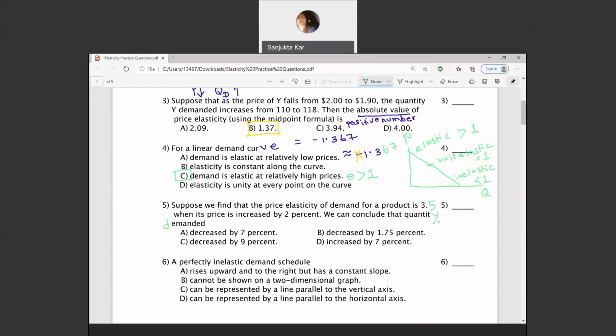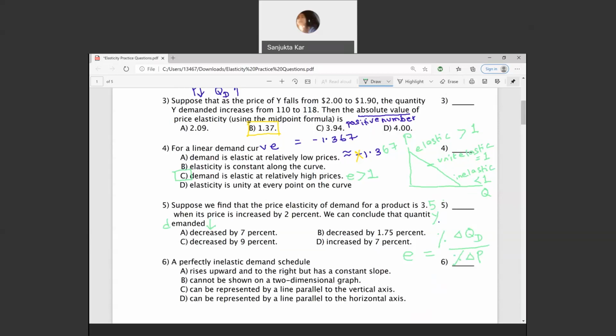So if price is increasing here, quantity demanded should be decreasing. Write down the formula here. The absolute value of price elasticity of demand is percentage change in quantity demanded over percentage change in price.